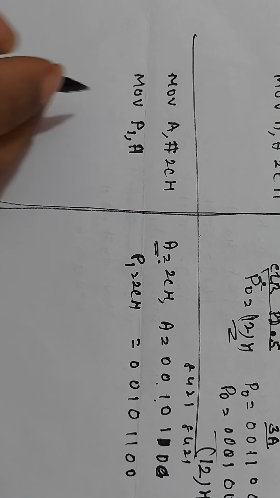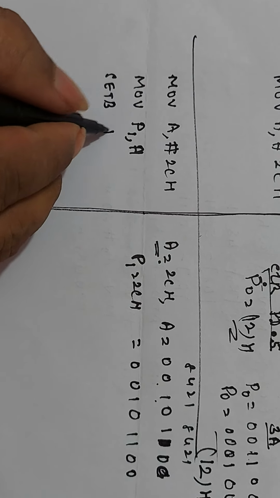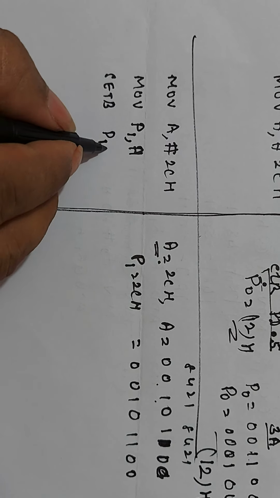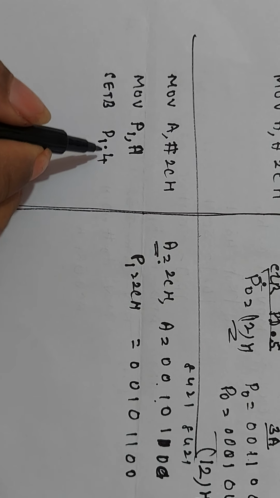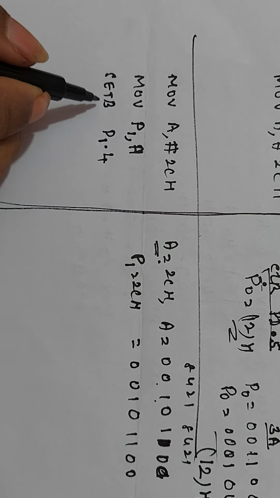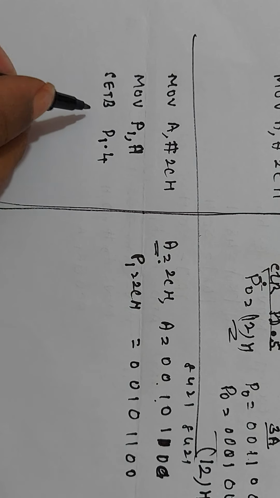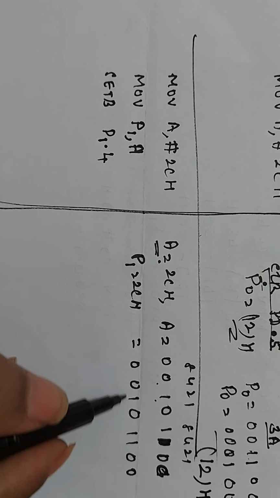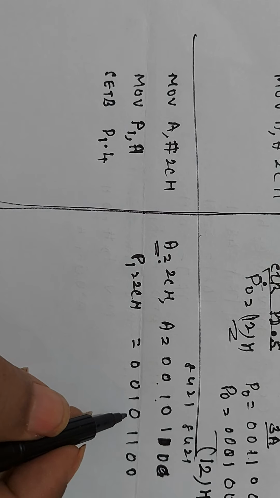That is equal to 00101100. Now I will use SETB P1.4. What is this? The fourth bit of port P1 is set to 1. Set bit means the bit goes to 1. Which bit? The fourth bit of port P1. 0 bit, first bit, second bit, third bit, fourth bit. This goes to 1.